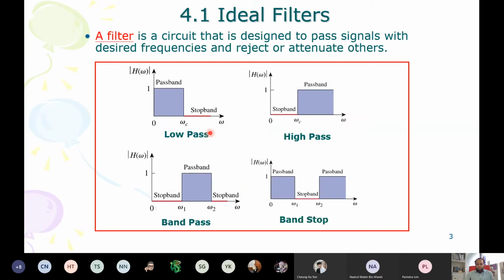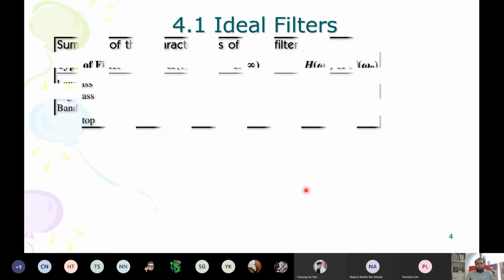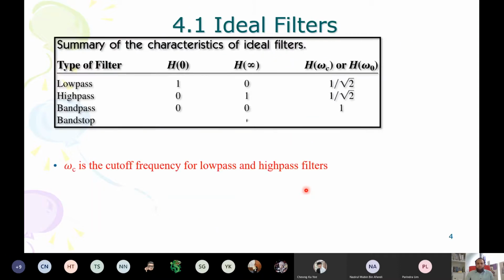I think we have discussed a lot on it, so we don't need to go in detail again. Low pass is low frequencies are passed, high pass is high frequencies are passed. Band pass is a particular band is passed, and band stop, as the name says, stops a particular band. We can use this table.